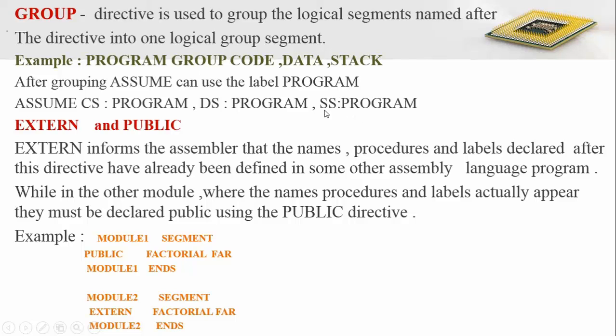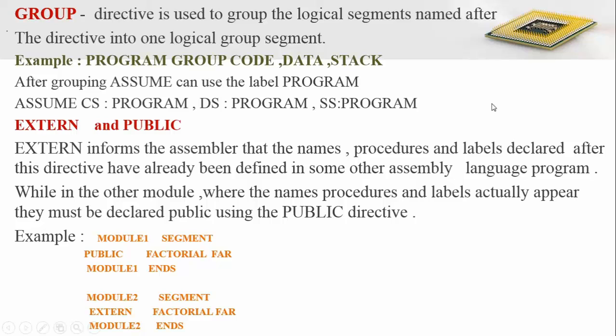Similarly, the stack segment register is loaded with the stack segment address which is available in this program. So after grouping all these logical segment names together as a group named program, for assuming we can use this simple name program instead of using these names separately for each of the logical segments.